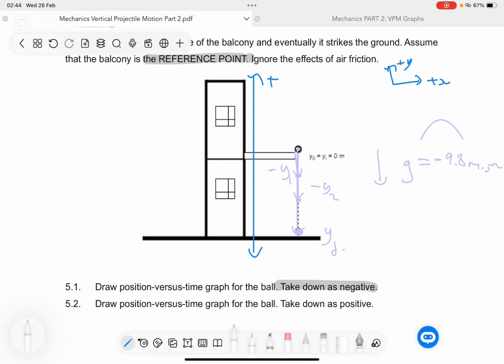But the other interesting thing that we have to look at is that our y initial is actually 0 meters, right? And this is the y-intercept. Remember, this is the y-intercept. This is where the graph will cut the y-axis. But you have to notice that the motion that we have now is only one part of motion.